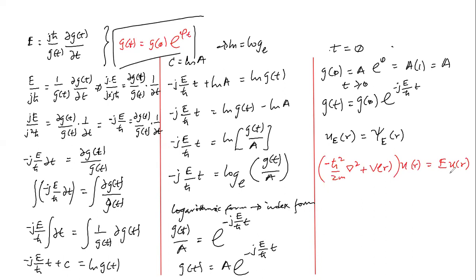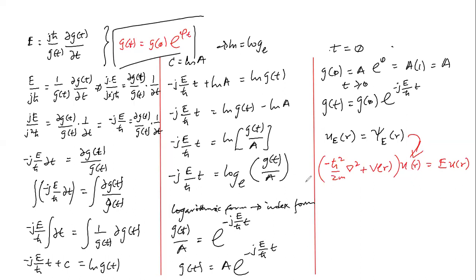So we are now saying that we want to assume that this u_E(r), which is the same as psi_E(r), is generated by this time-independent Schrodinger equation.